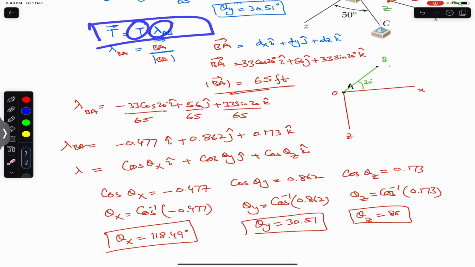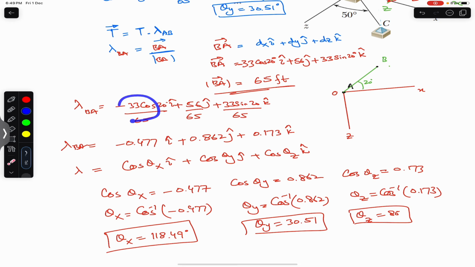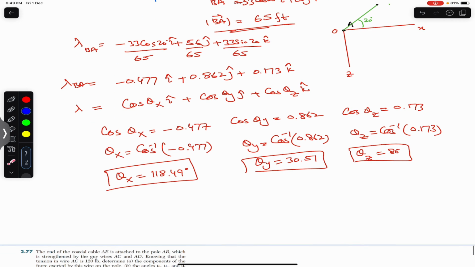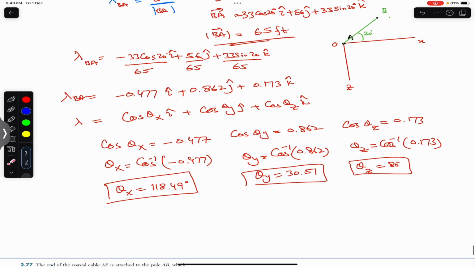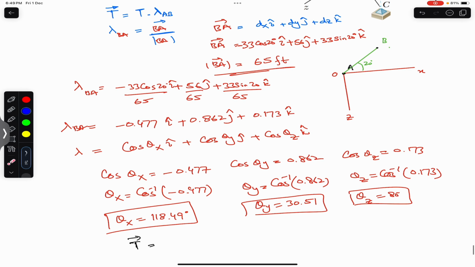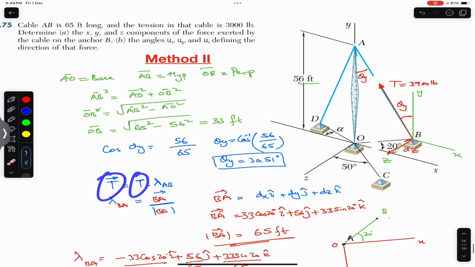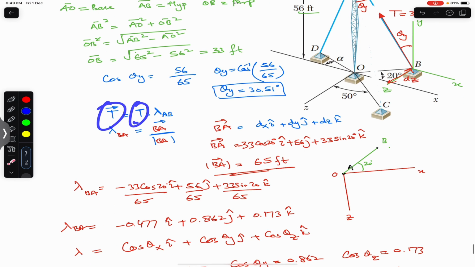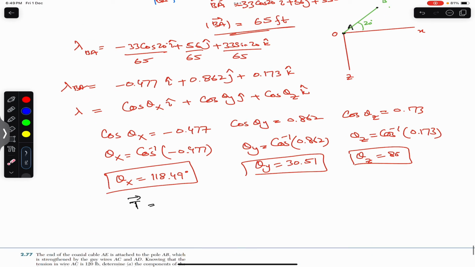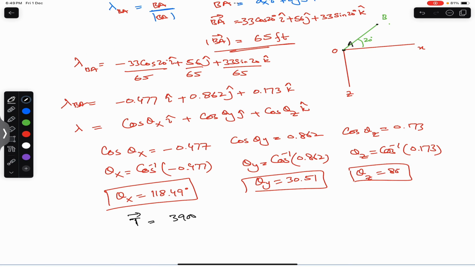So if we know the magnitude of T, we need to multiply that magnitude with these components of the unit vector, then we will be able to find the components of the tension T or the force in that particular cable at point B. So now the T vector is equal to the magnitude of the tension, which is given, that is 3900 pounds, multiplied by the unit vector from B to A.